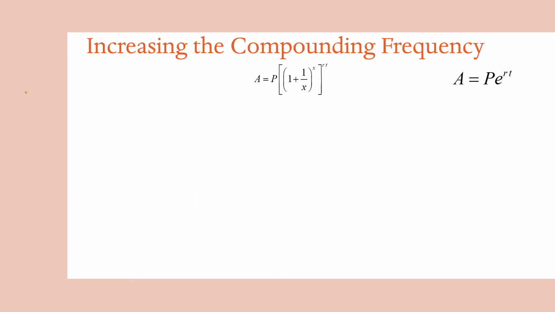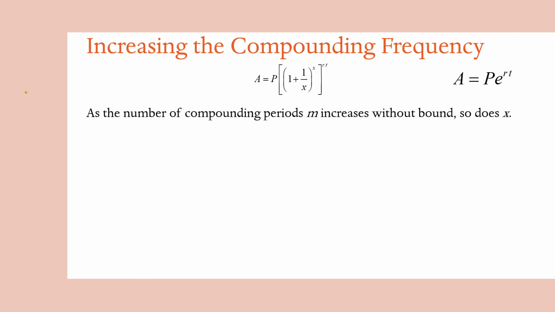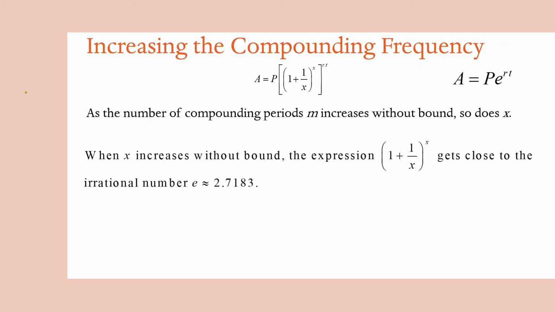If you repeat this process continuously, so the compounding frequency is increased, the number of compounding periods increases, which will increase the value of x also. And in algebra, we know that in the limiting case, as x tends to infinity, this (1 + 1/x) whole raised to x approaches the irrational number e.